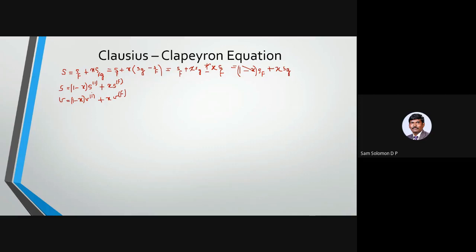And we all know for the phase transition, we use something called latent heat, and it is not sensible heat. Okay. And that latent heat can be represented as L. And that latent heat can be represented as T times delta S. Because dq is equal to TdS, if you remember.